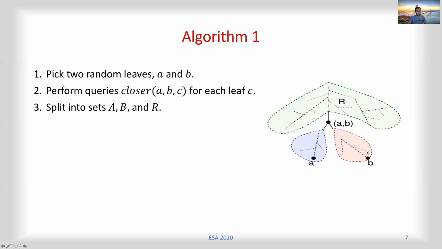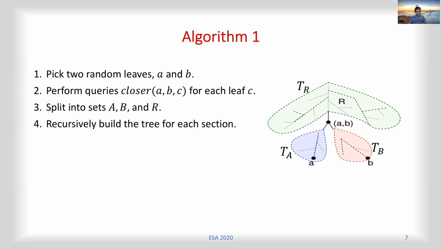So we split the tree into 3 sets, and we just recursively build the tree for each section. After that, we just need to merge the tree, and as it's obvious, the lowest common ancestor of A and B should be the parent of the root of the tree of the set A, and it also needs to be the parent of the root of T of B, right?